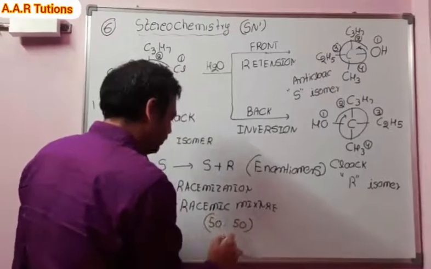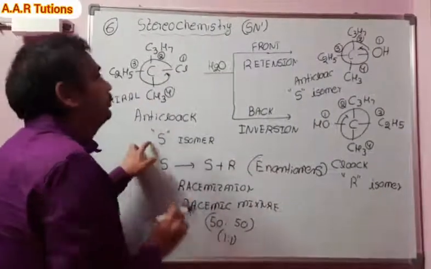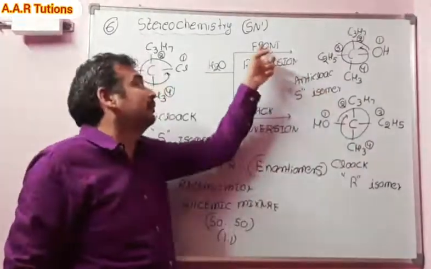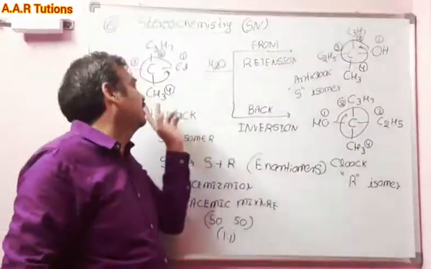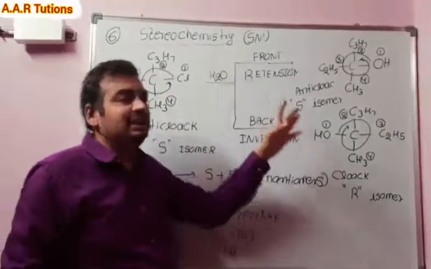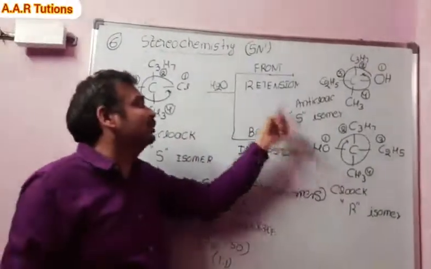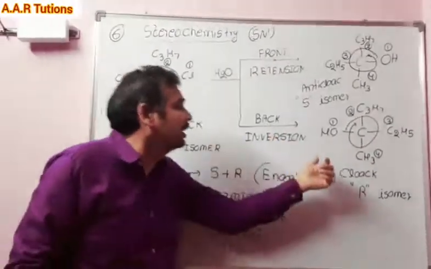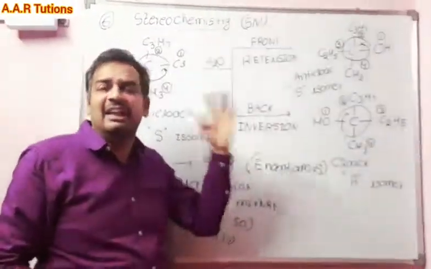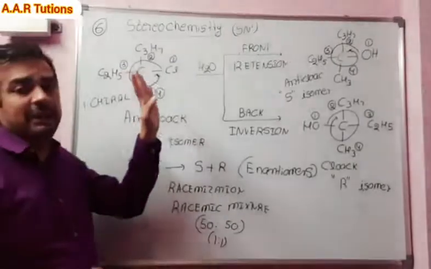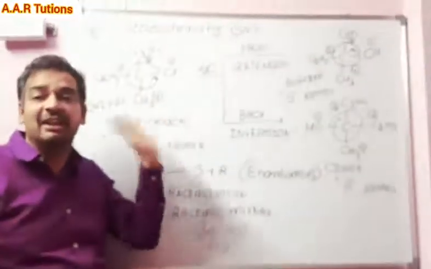Let's see: S isomer to S isomer is retention. If you take R to R, that is retention. R to S is inversion. Since we have taken S, S to S is retention and S to R is inversion. In retention, the configuration will not change, whereas in inversion the configuration will change.